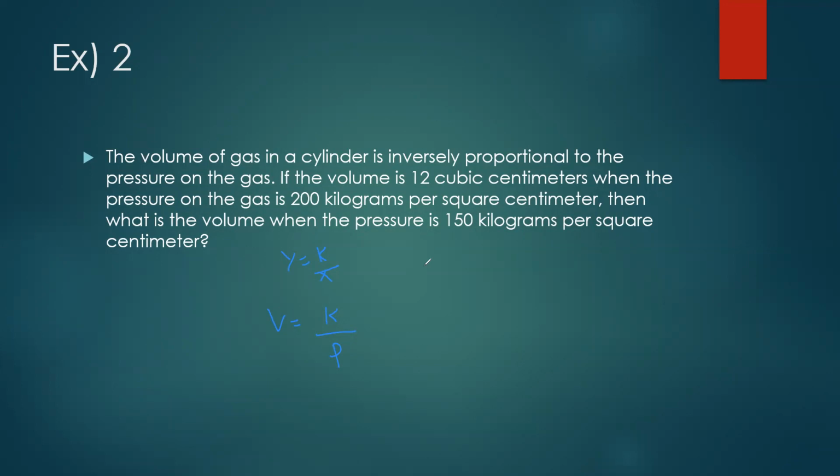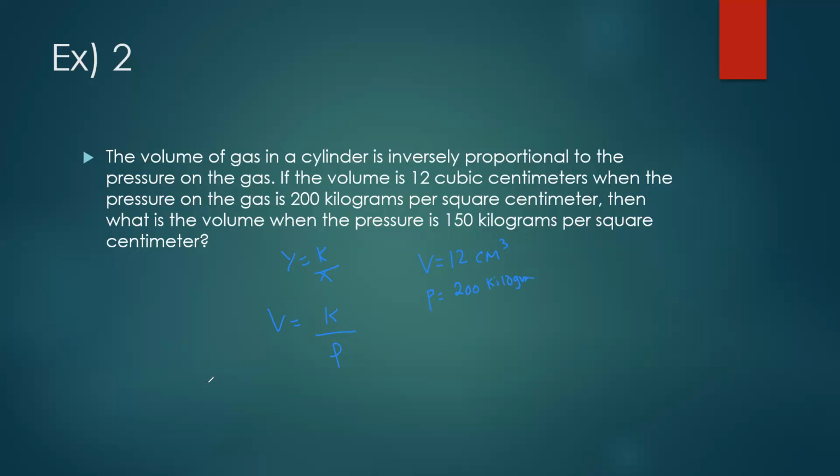So what we're going to do to solve for k is plug in our known values. What do they tell us? The volume is 12 centimeters cubed, and the pressure is 200 kilograms.